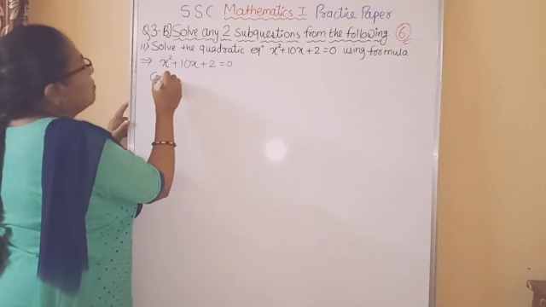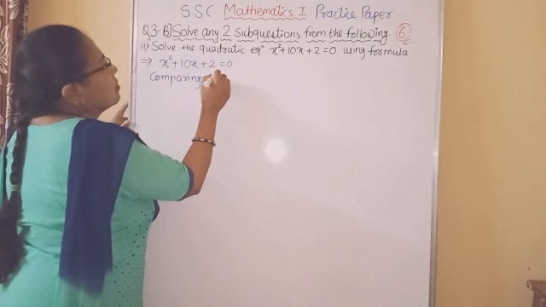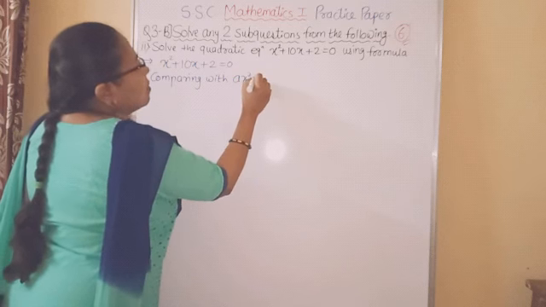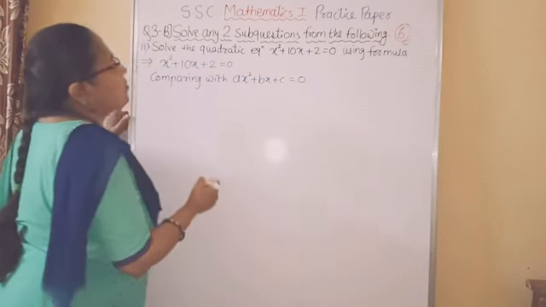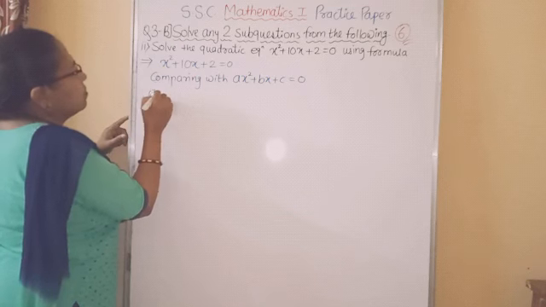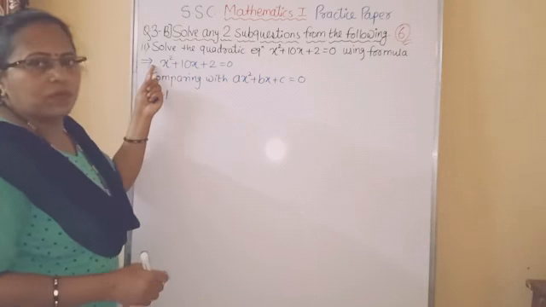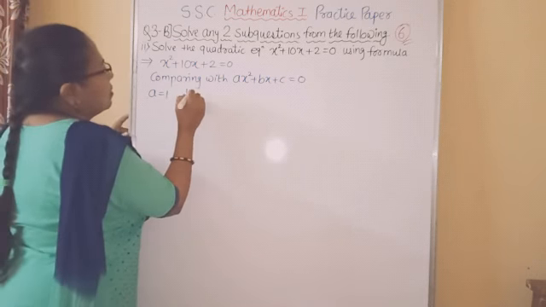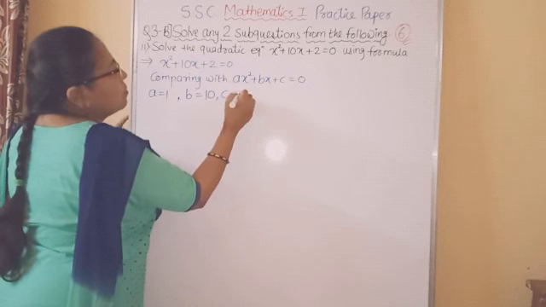So comparing with ax square plus bx plus c equal to 0, a equal to 1 because the square term is only x square, so its coefficient is 1. a equal to 1, b equal to 10 and c equal to 2.